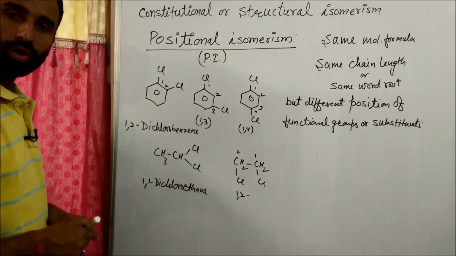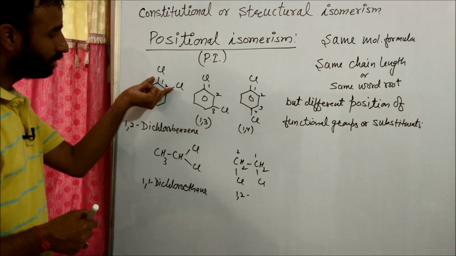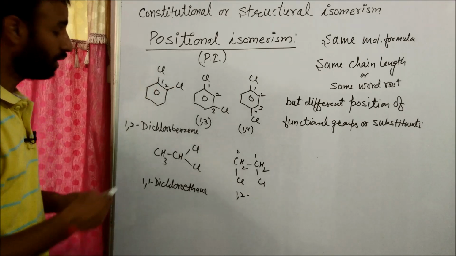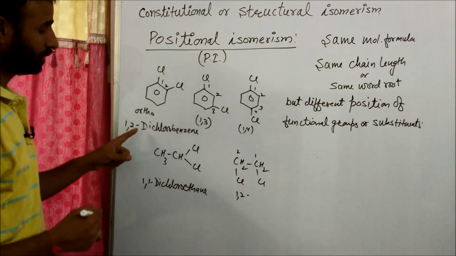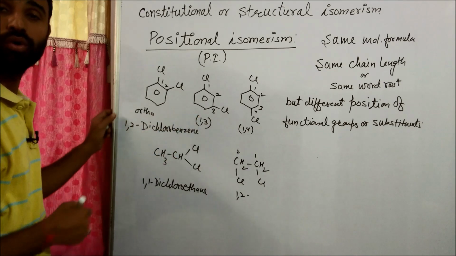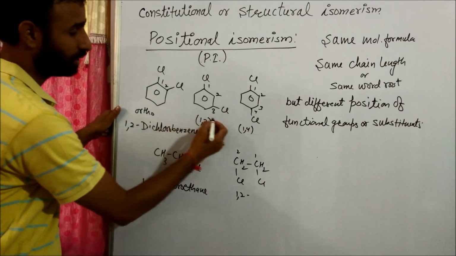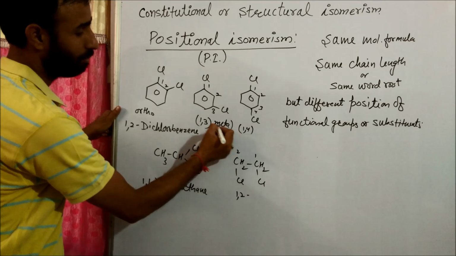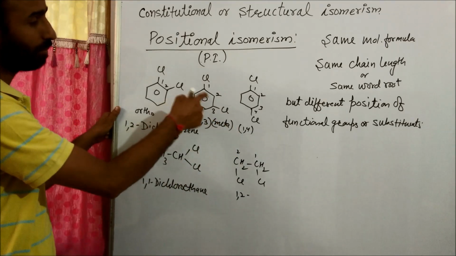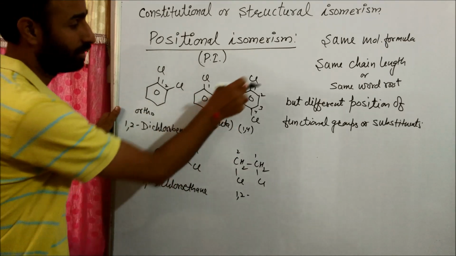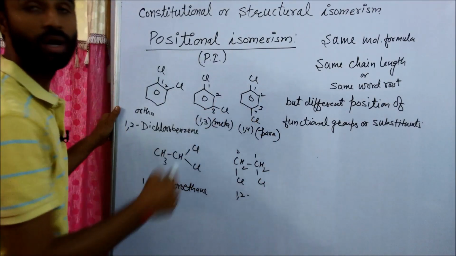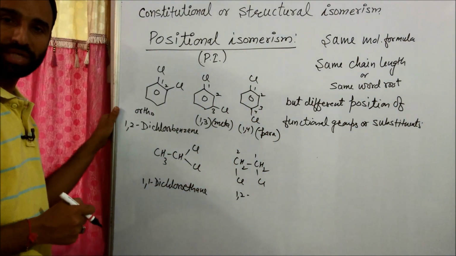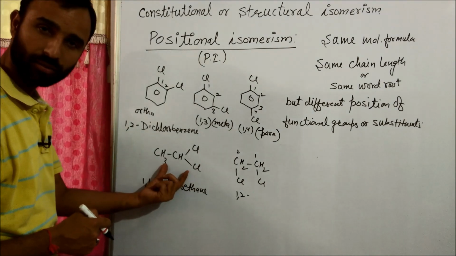Yes, one more thing. These positions, 1,2 positions, are called ortho. So this is also known as orthodichlorobenzene. 1,3 is meta, so they are metadichlorobenzene, and 1,4 is para. So they are also known as paradichlorobenzene. Same is the case here.